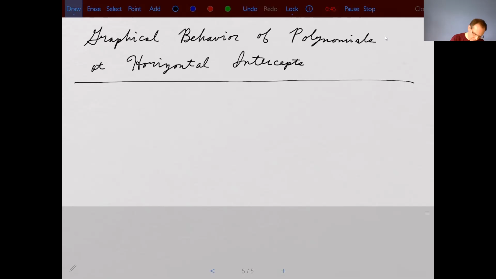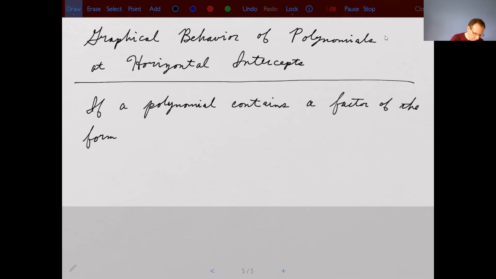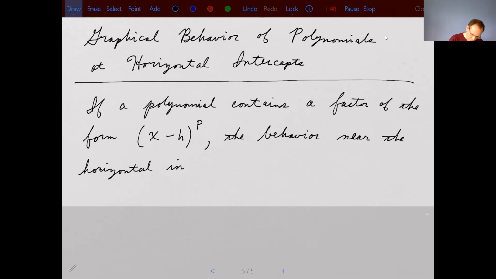So if a polynomial contains a factor of the form x minus h to the p, the behavior near the horizontal intercept, which would have coordinates h, comma 0, is determined by the power on the factor, right?